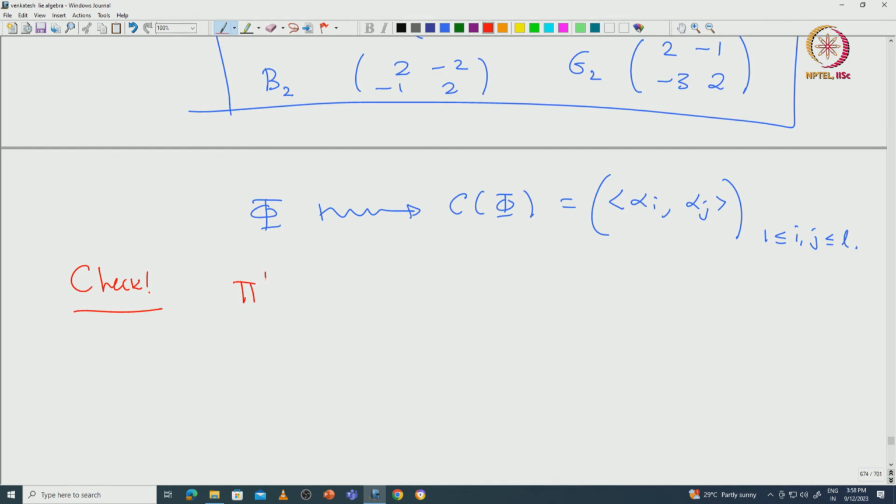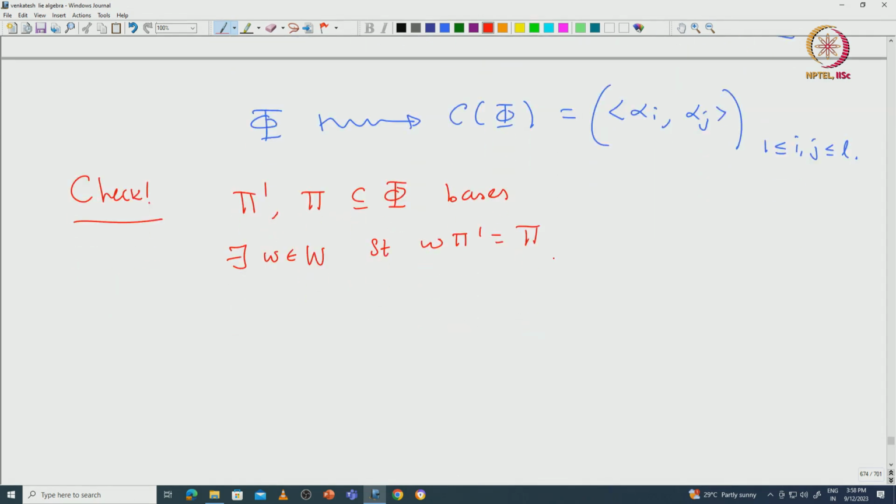If you start with pi dash and pi, both let us say bases, then one can prove that there exists w in W such that w pi dash is equal to pi.